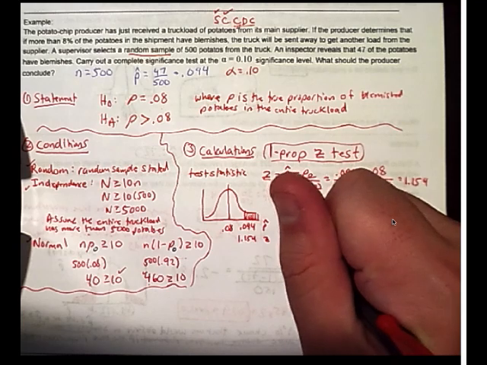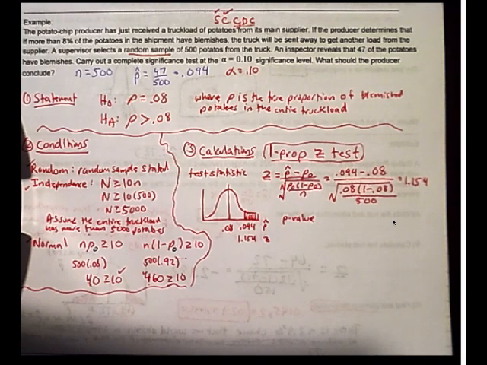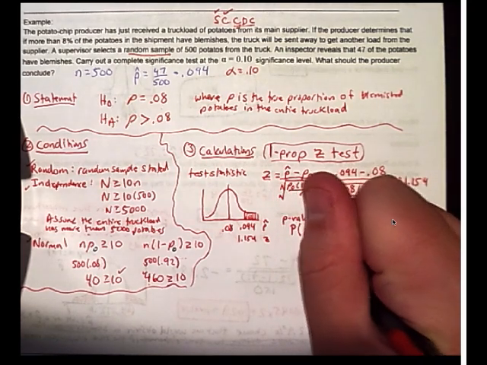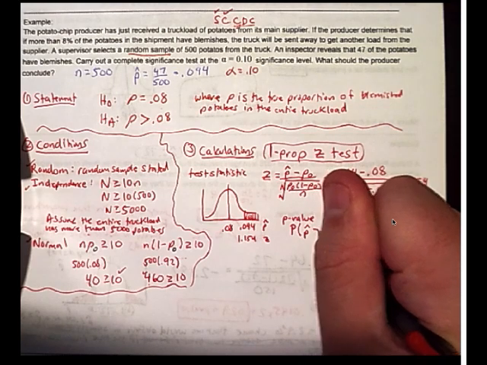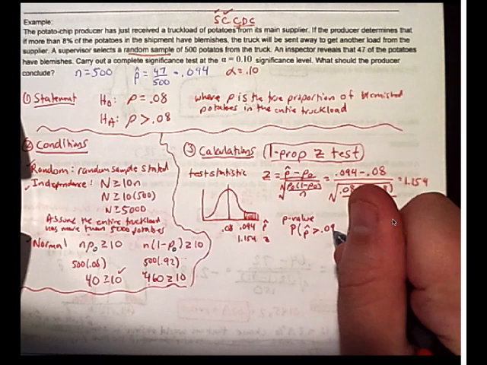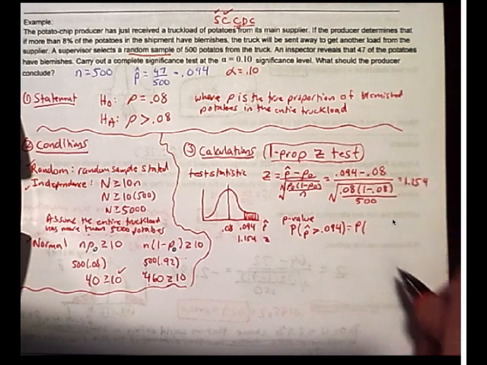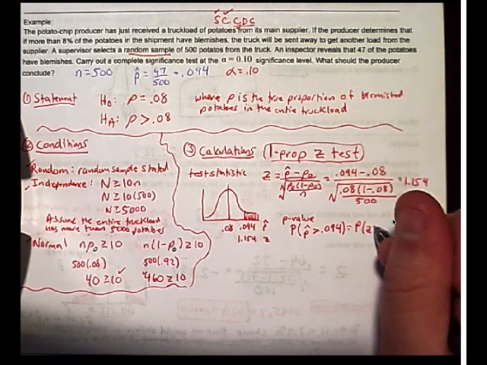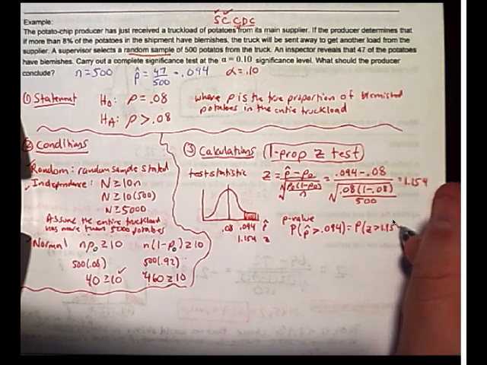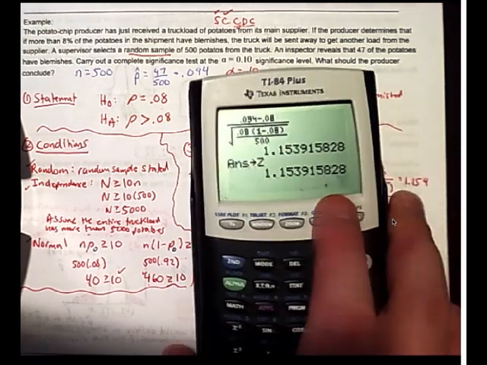So the next thing I want to do is find the p-value. Remember, that's a probability. So in other words, this is going to equal the probability that my p-hat is greater than 0.094, which is also going to be the same thing as the probability that the z-value is greater than 1.154. Now I already have that z-value there.